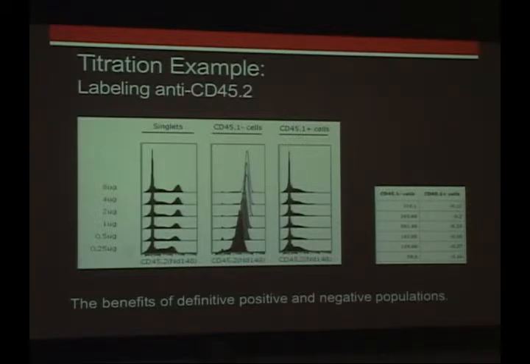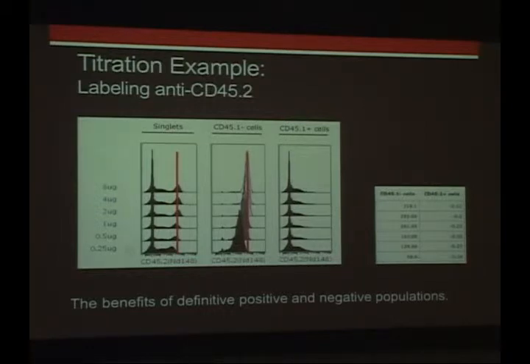And as you can see on the far left, looking at the pooled singlets, we see a really nice, pretty much 50-50 mix of these two. And then when we start to look at our gated cells, just gating on 45 positive and 45.1 positive and 45.1 negative, you see that the 45.2 staining is really restricted to the 45.1 negative population, pretty much what you would like to see.